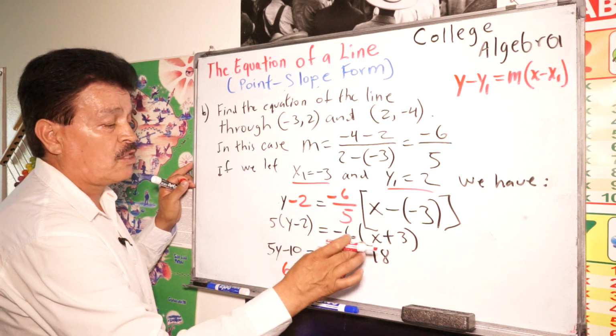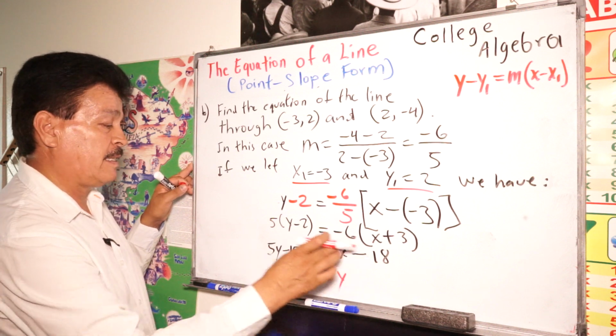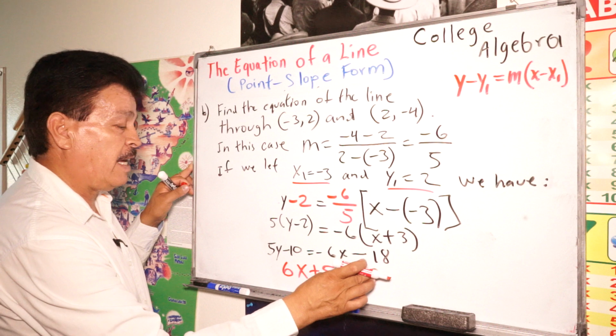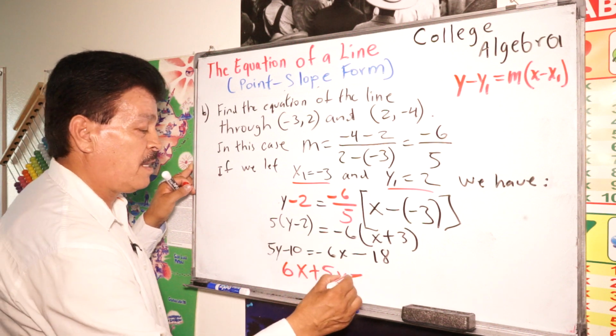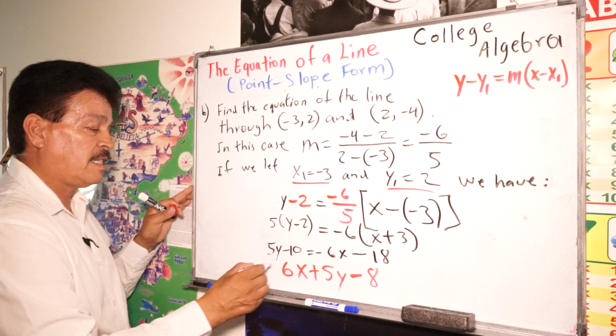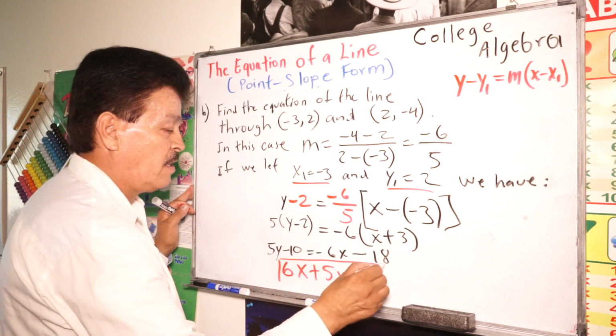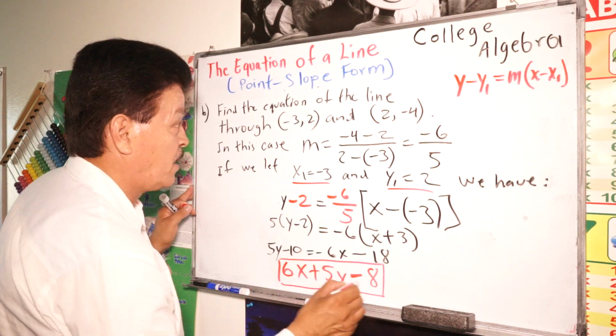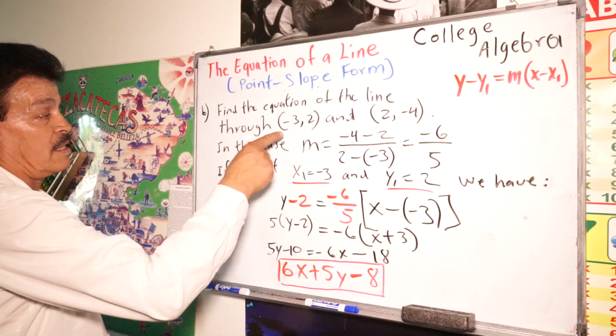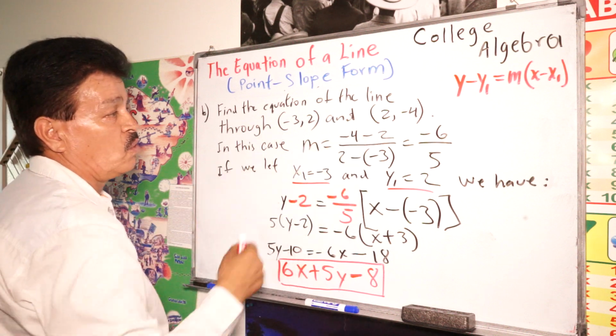It's positive, so -18 plus 10 is going to be -8. So this is the equation of the line through (-3, 2) and (2, -4).